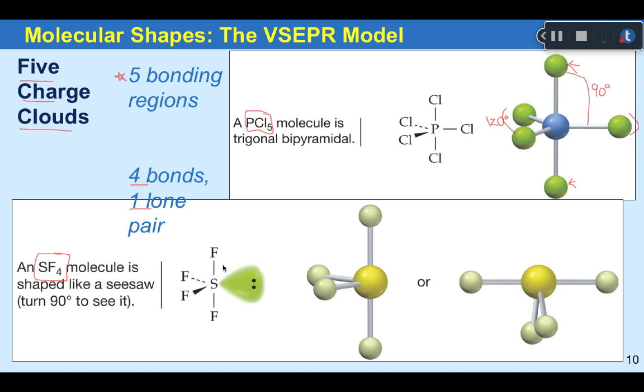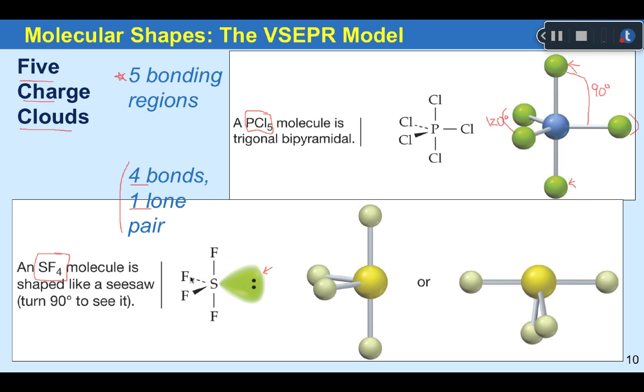If you have counted up all the valence electrons, you realize that the sulfur atom needs to have, in addition to 4 fluorines, a lone pair on the central atom, resulting in 4 bonds and 1 lone pair, a total of 5 charge clouds. And what happens when you do that? Well, you have to put the lone pair in a position that is as far away from other things as possible.